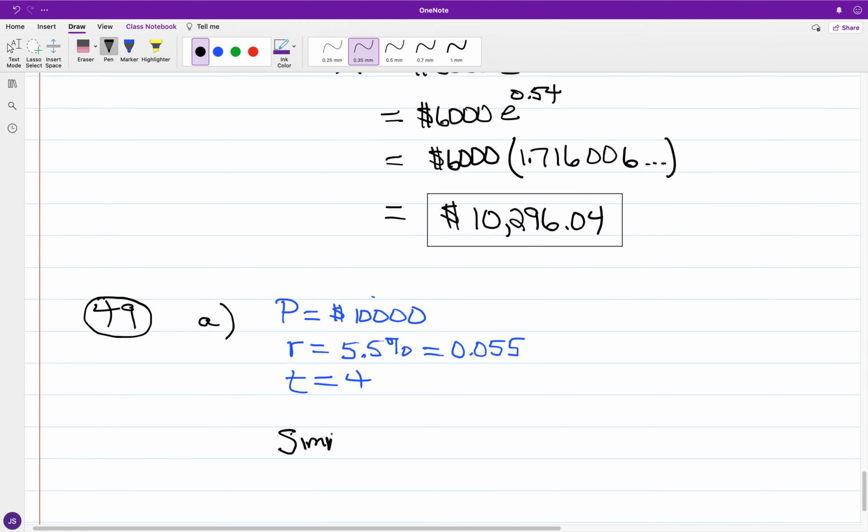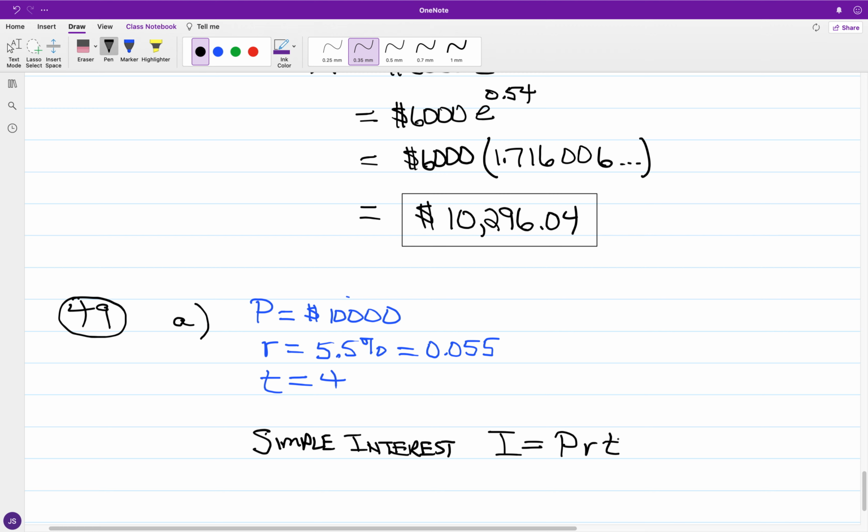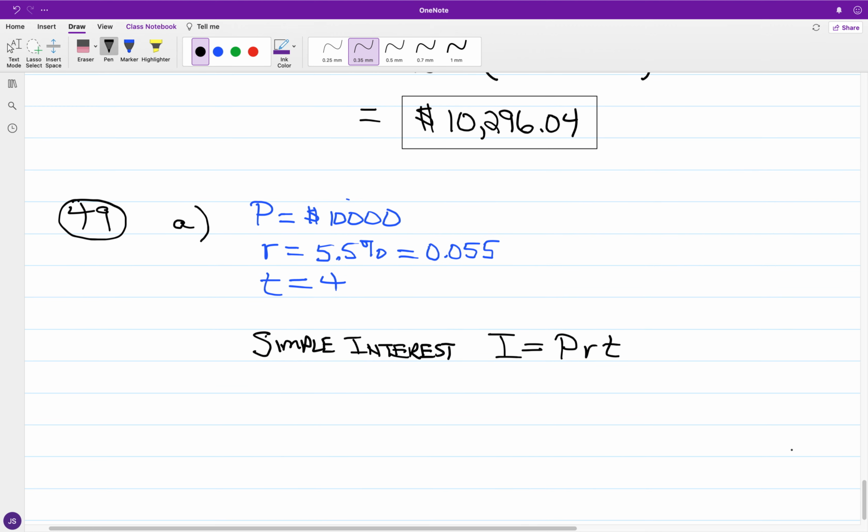So with simple interest, you have I is equal to PRT. The principal is $10,000, and for R, again, we have 0.055. And the time span is 4 years.